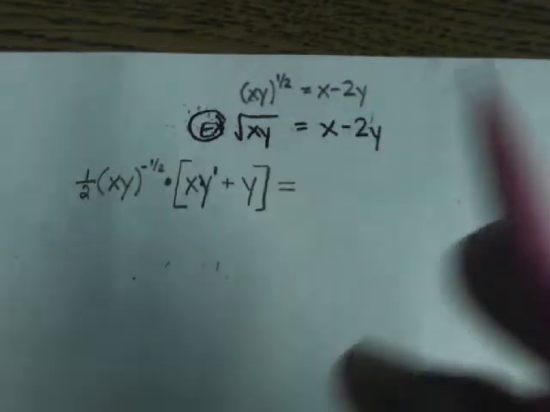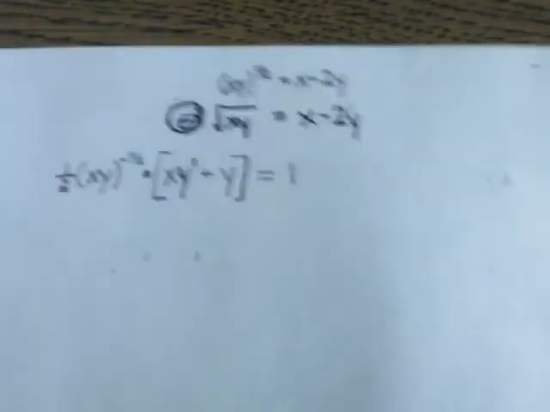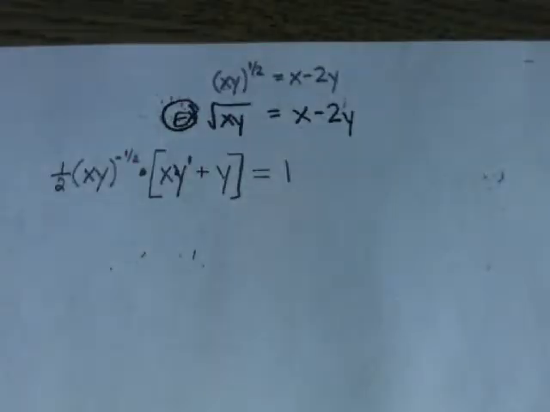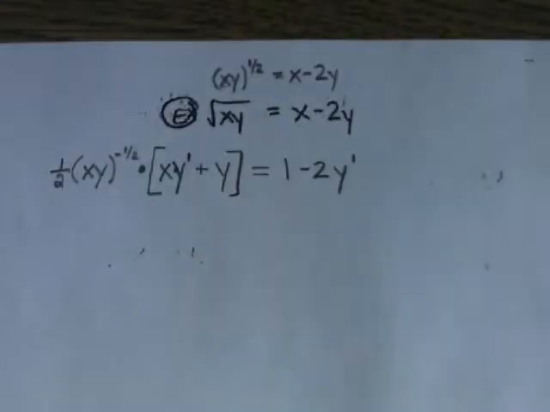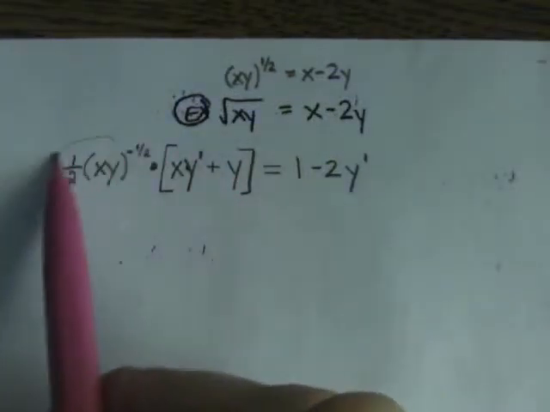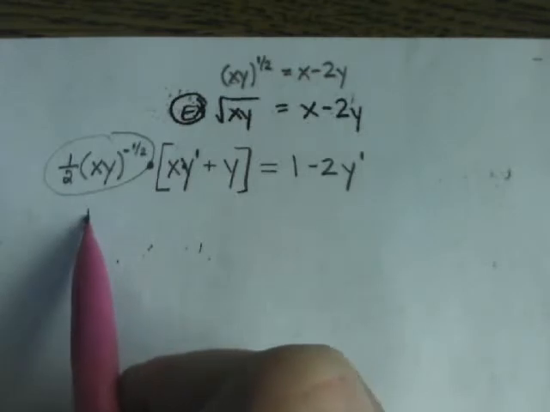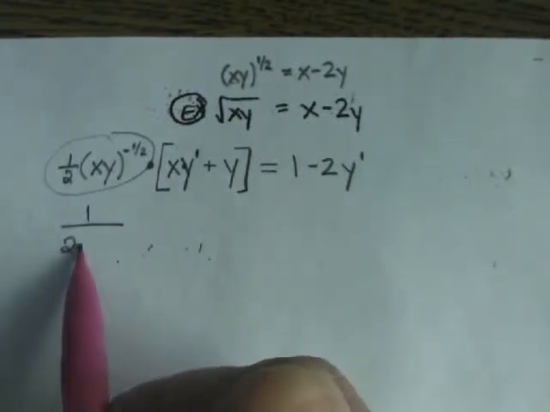Before I get to that, I'm going to clean this up. This is 1 over 2 root xy. Agreed? Times, and I'm going to keep everything else the same, xy prime plus y equals 1 minus 2y prime. What do I have to do in order to get those y primes together?